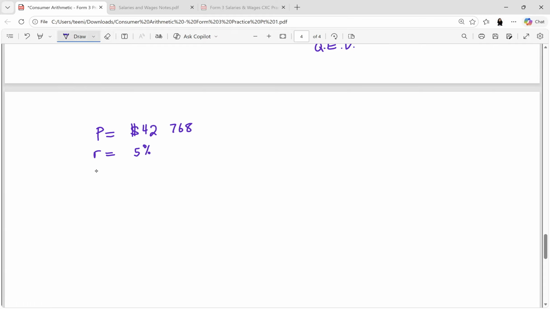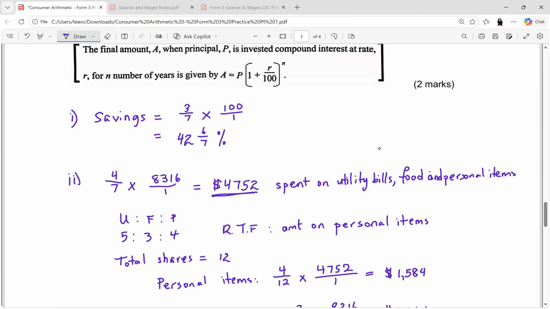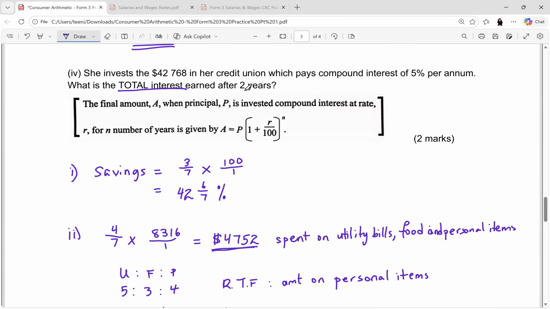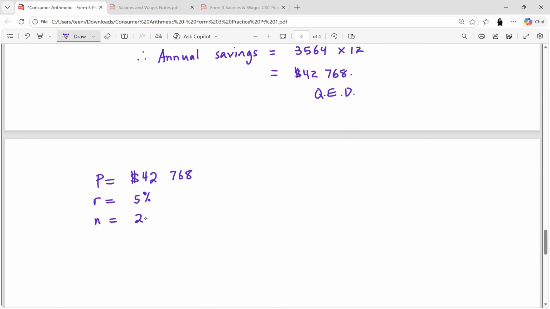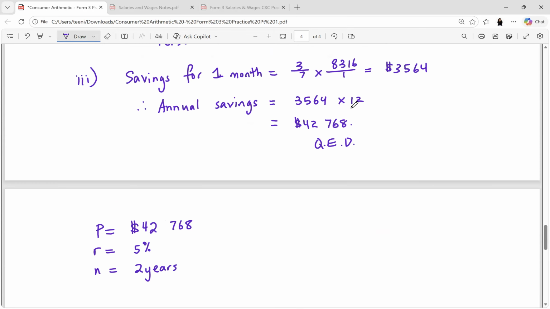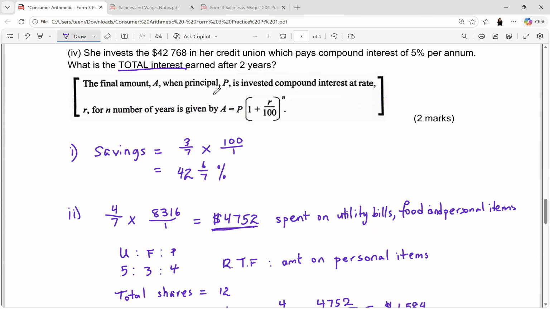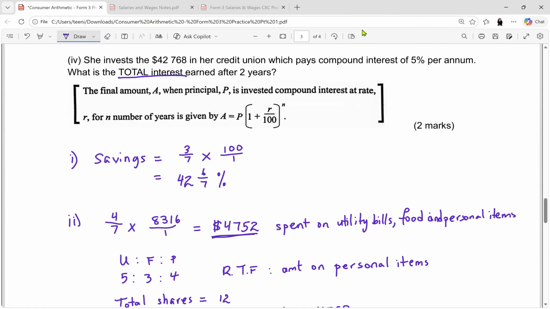So the time N is equal to 2 years. Right, so now we have everything that we need to use that formula that was given. Like I told you, most times they give you the formula, right? So they gave us the formula here. Hold on, let me just put it side by side so I could write it over.